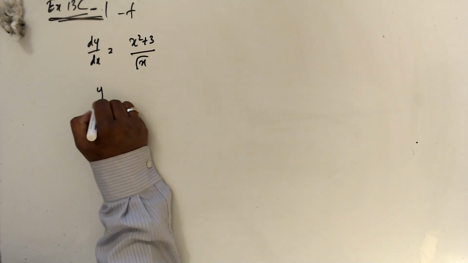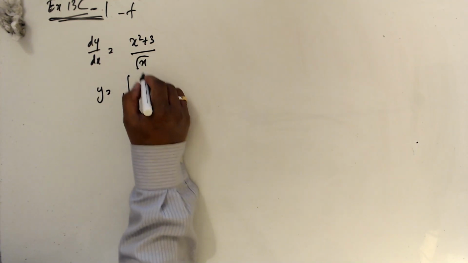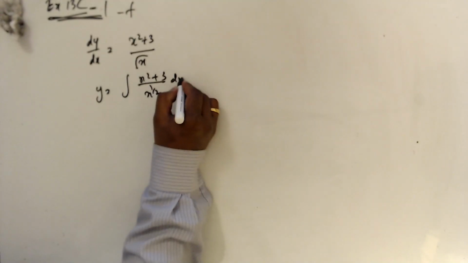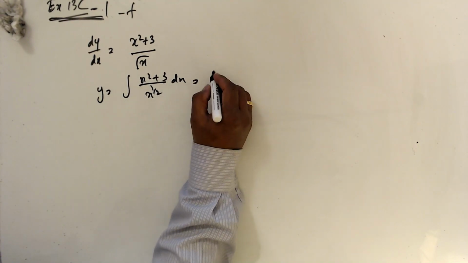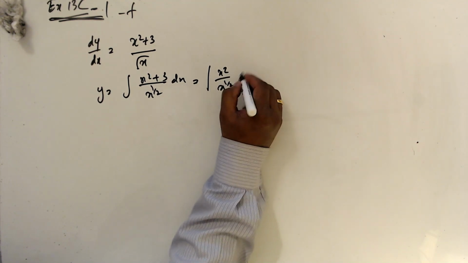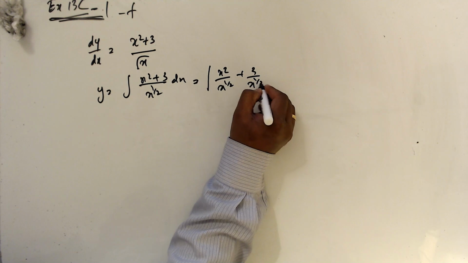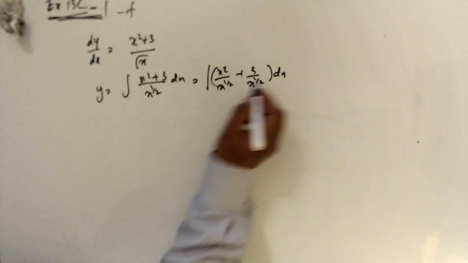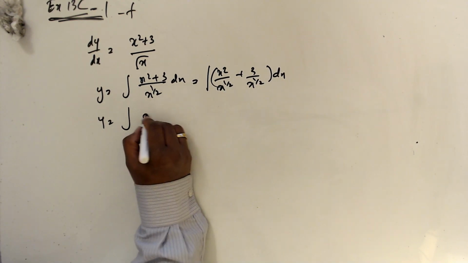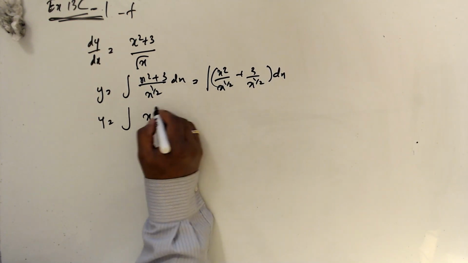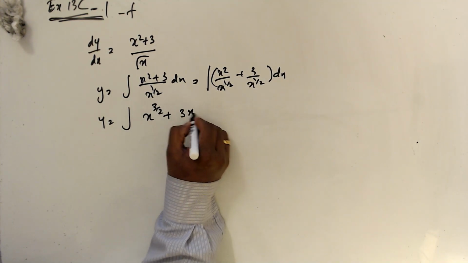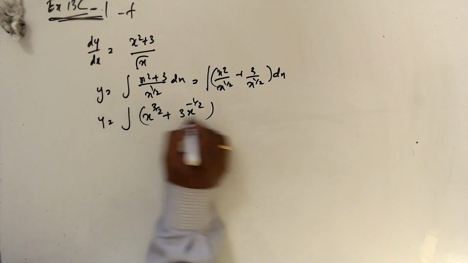F we can find by integrating this one, x squared plus 3 over x^(1/2) dx. So we can write this as x squared over x^(1/2) plus 3 over x^(1/2) dx. It means y equals x^(2 minus half, 1.5, 3/2) plus 3x^(-1/2) dx.